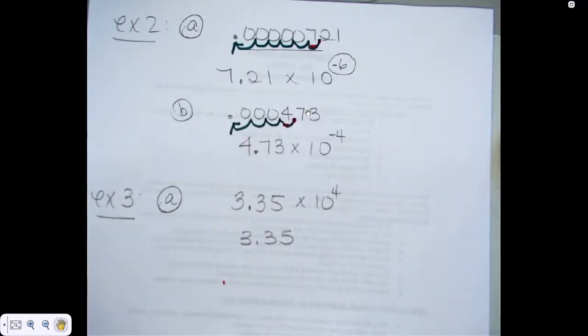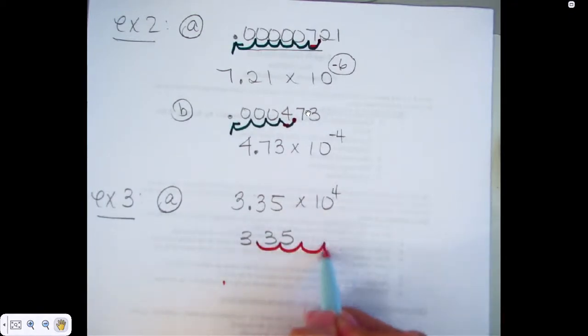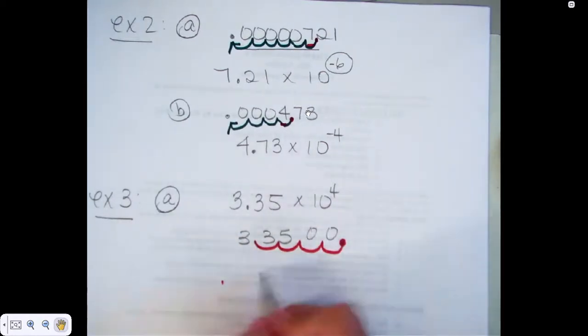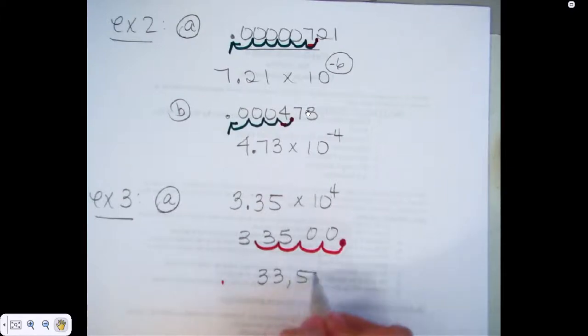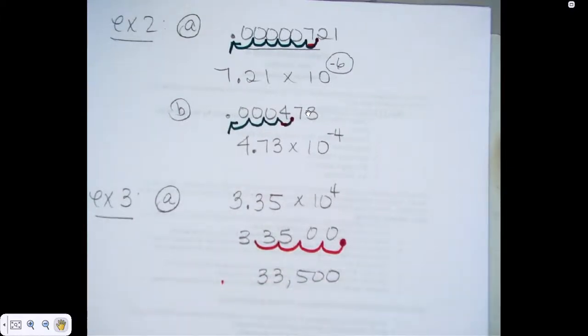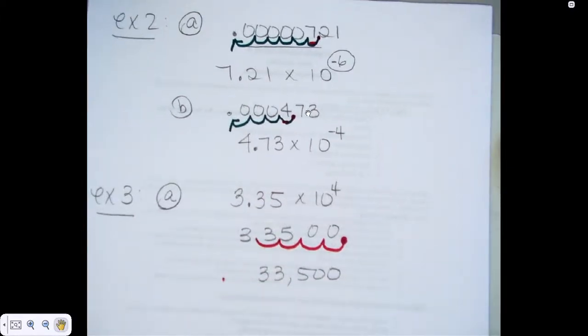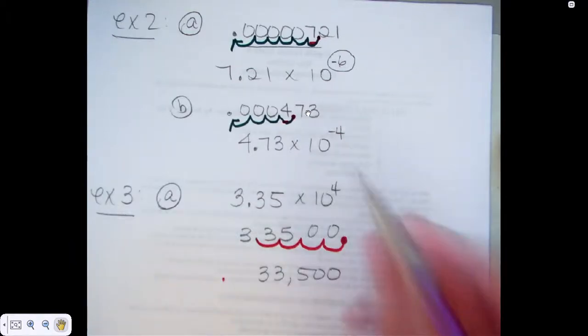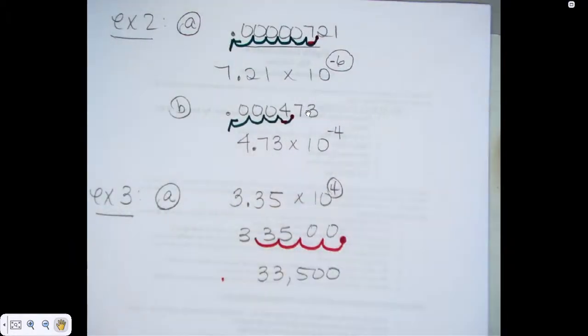So I'm going to move my decimal 4 places to the right. 1, 2, 3, 4, and then fill in any empty spaces. So the decimal notation of 3.35 times 10 to the 4th is 33,500, which makes sense because a positive exponent is going to give us a big number.